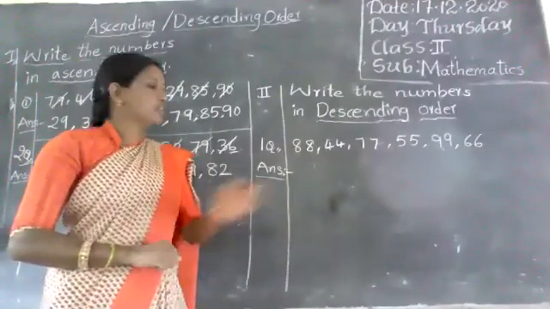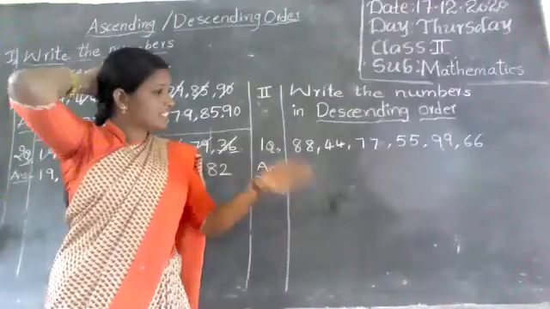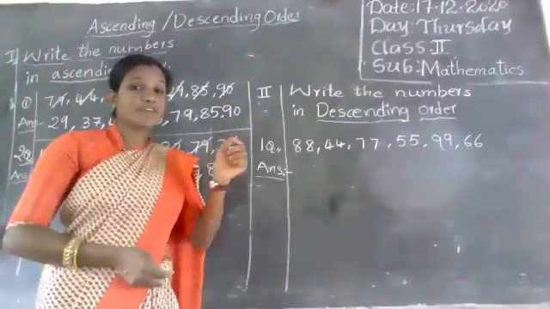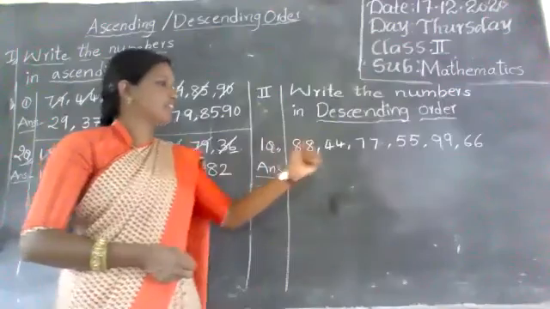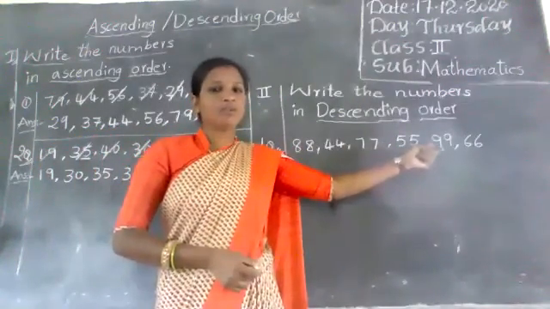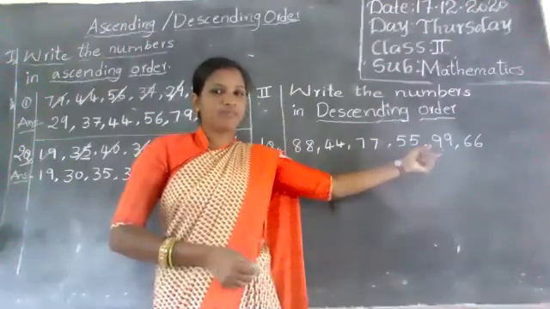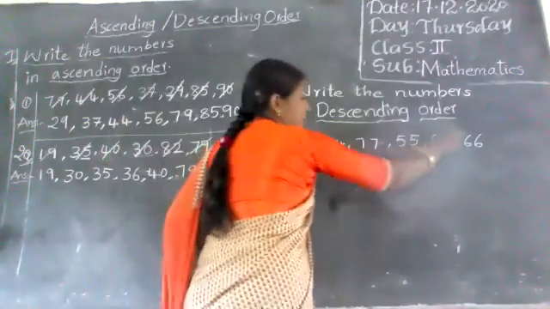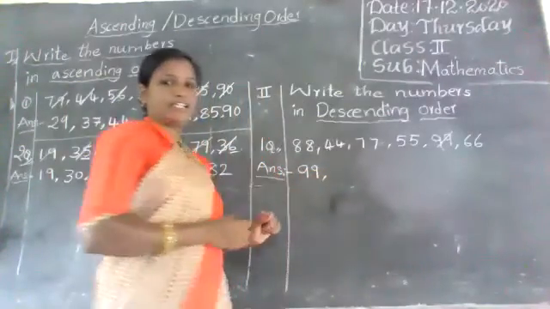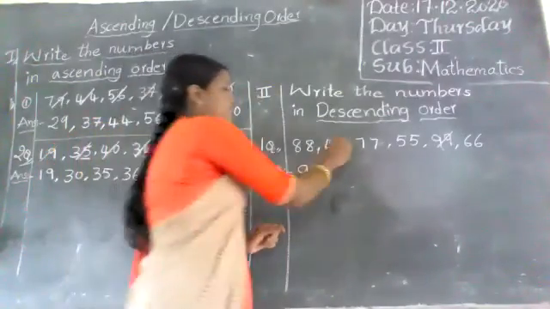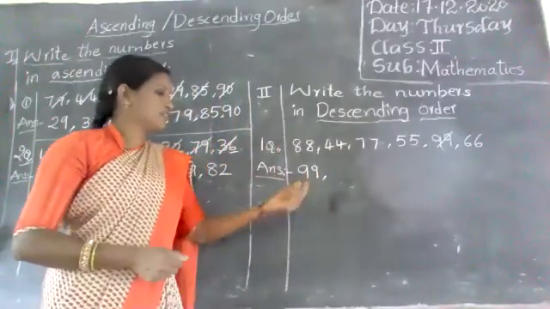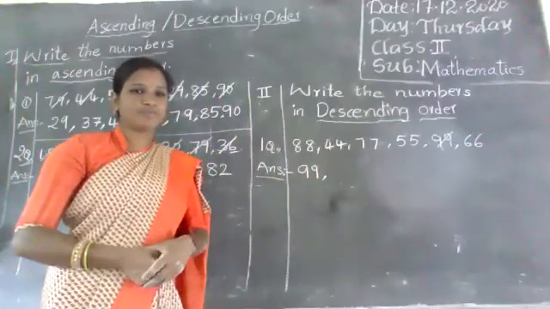Okay, children, in these numbers, which is the biggest number? 99 is the biggest number. Yes or no? So simply we got this number 99, and we write it here. Next, which number comes after 99?